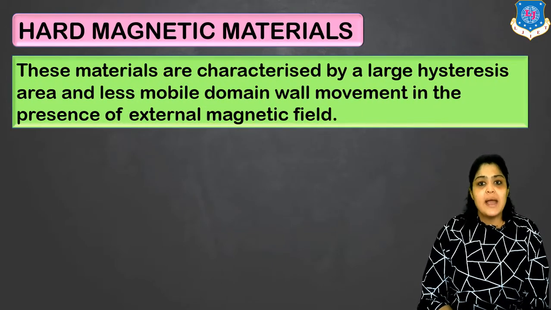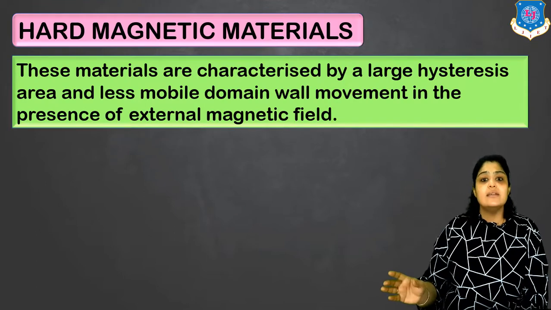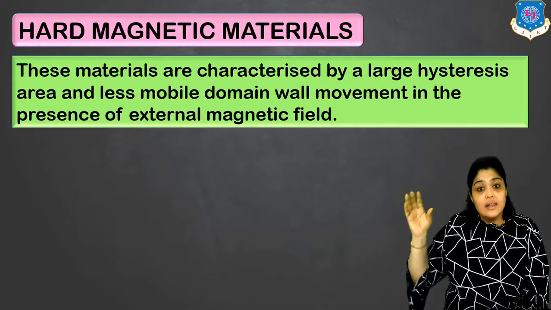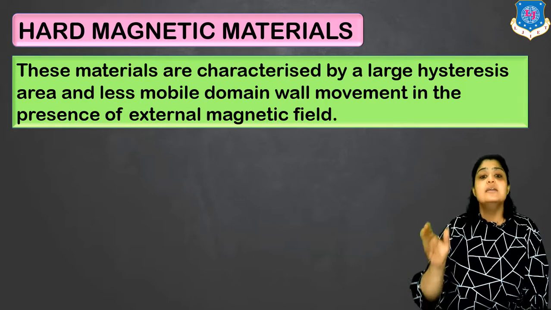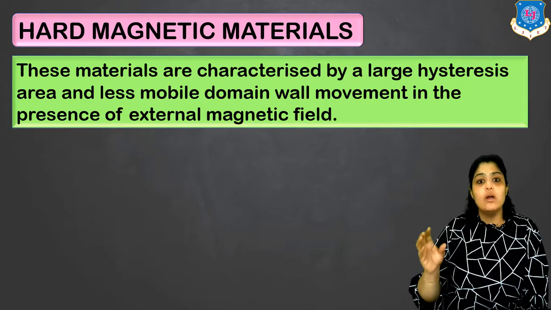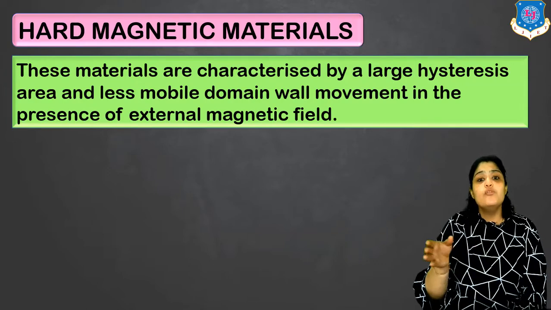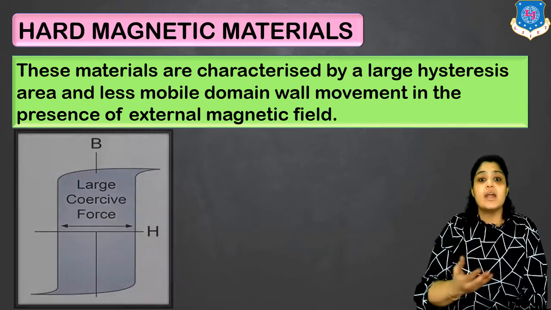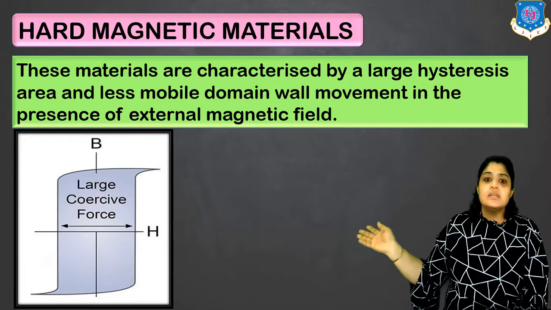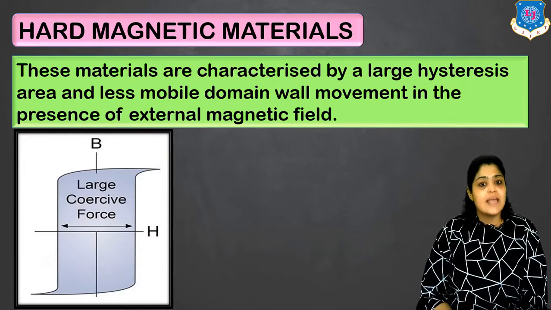So now we'll move on to the second category, that is hard magnetic materials. What are hard magnetic materials? They are characterized by a large hysteresis area and less mobile domain wall movement in the presence of a magnetic field. So the domain wall movement is not free, so they are difficult to magnetize. This is how the hard magnetic materials can be shown.